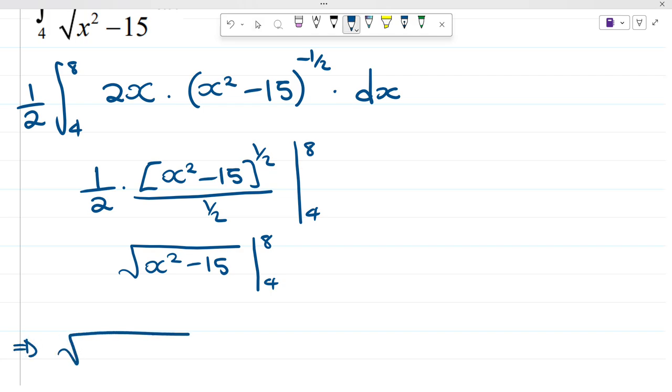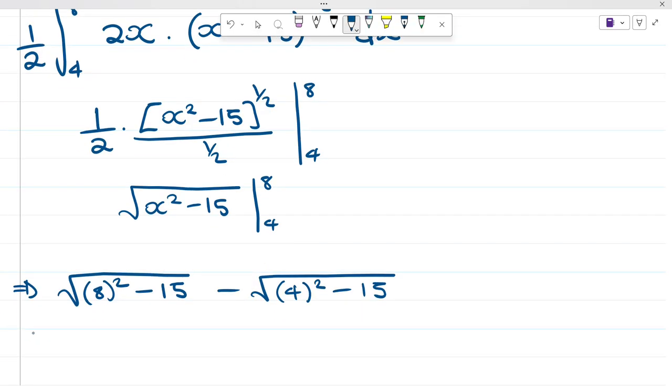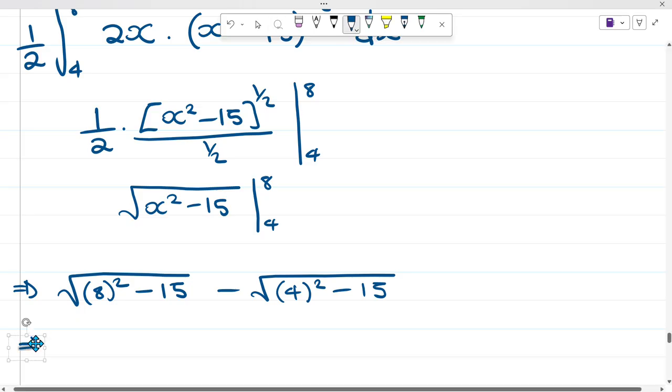It's going to be the square root of 8 squared minus 15, minus the square root, I substitute the lower limit now, of 4 squared minus 15. So let's see what we get with the calculator. If your brain is that good, you can also use your brain.